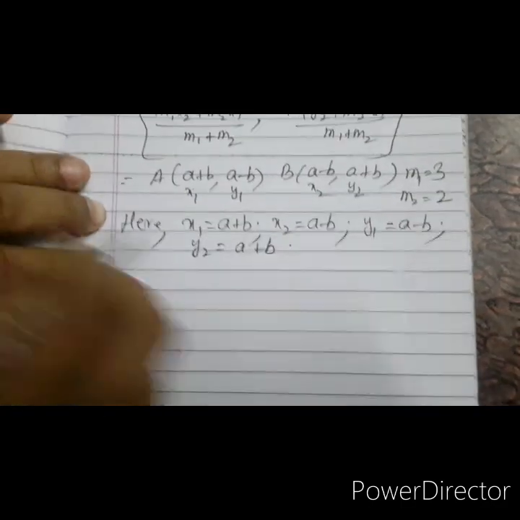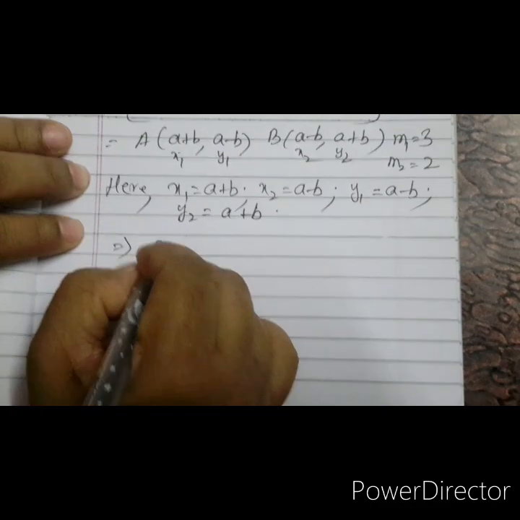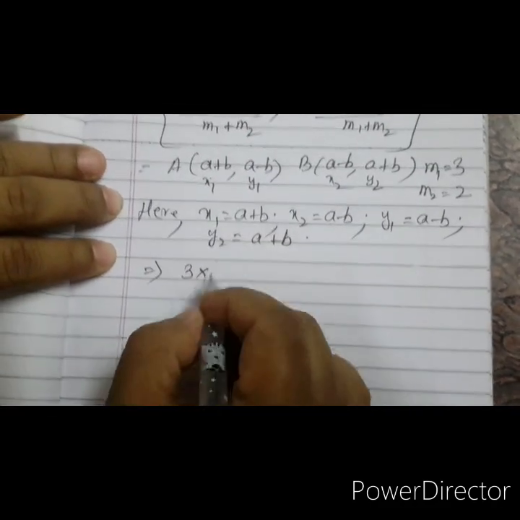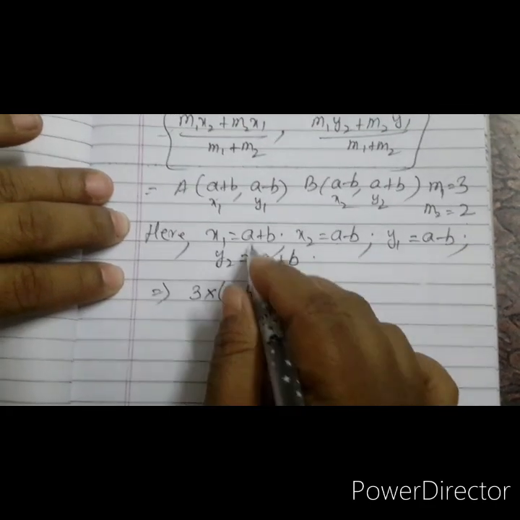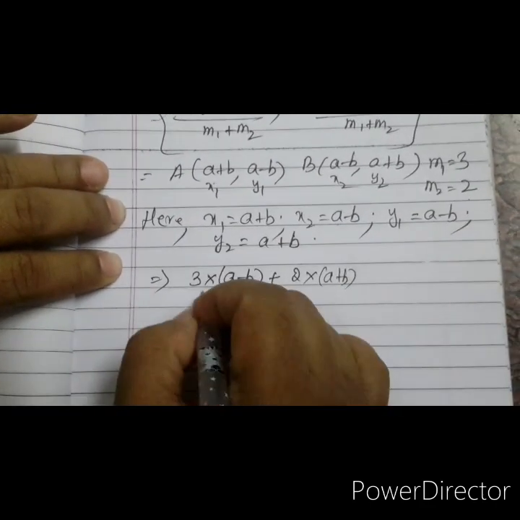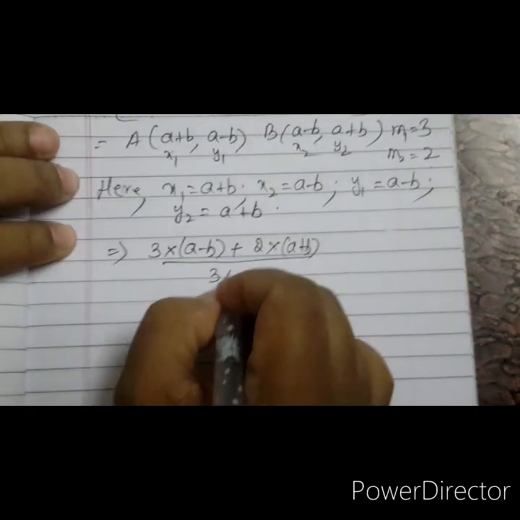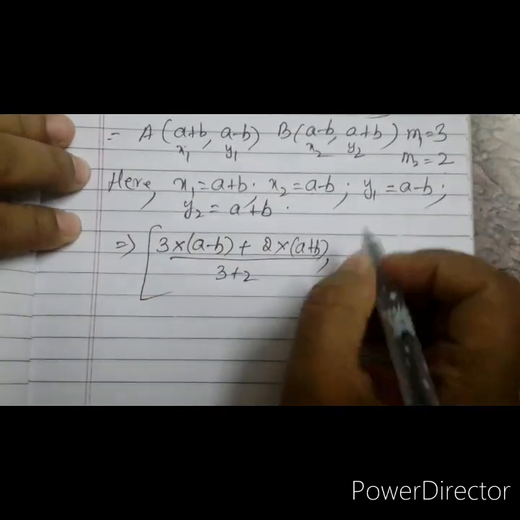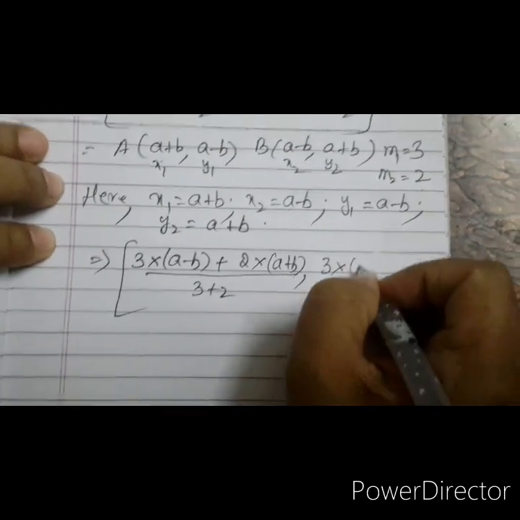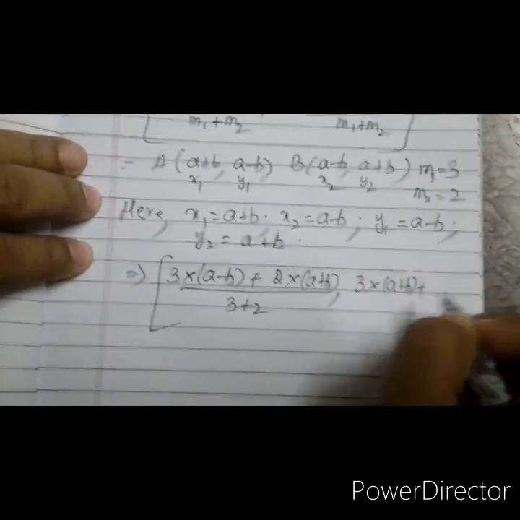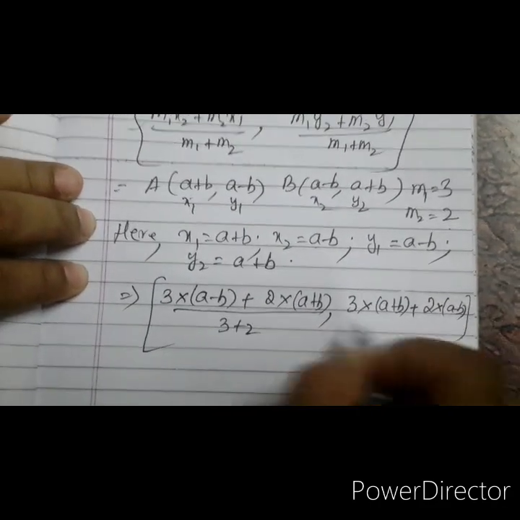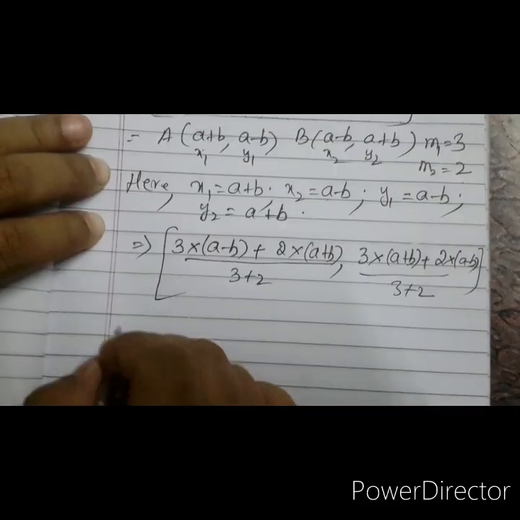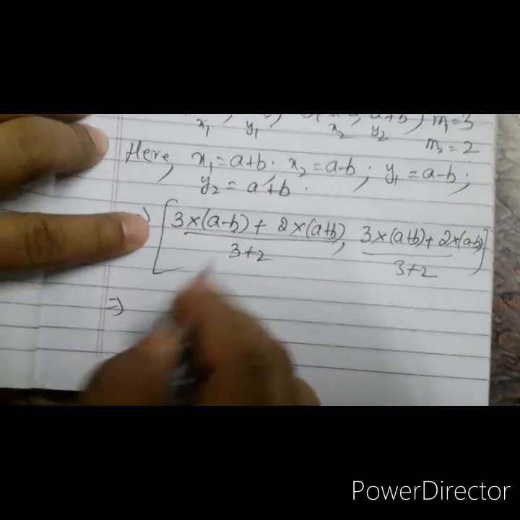Now substitute these values in the section formula. m1 is 3, 3 into x2, that is (a - b), plus m2, what is m2? 2, 2 into x1, (a + b), divided by m1 plus m2, 3 plus 2, comma, m1 is 3 into y2, (a + b), plus 2 into (a - b), divided by 3 plus 2.